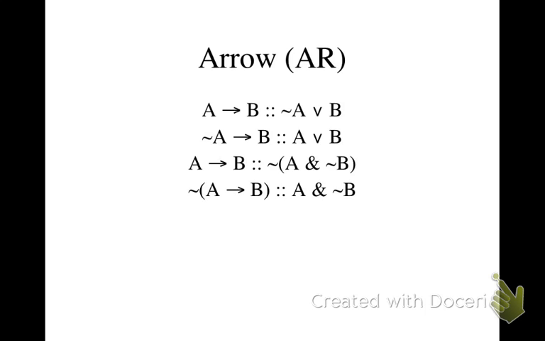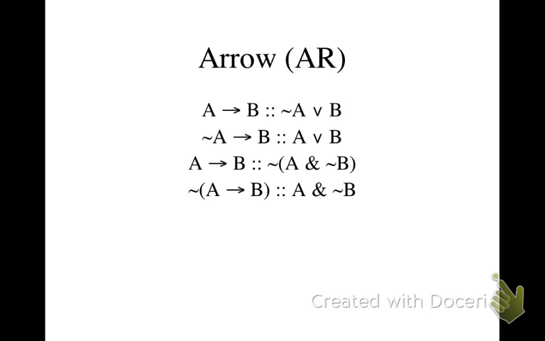We can also, if we have the conditional A arrow B, turn that into the negated conjunction: it's false that A and not B. And again, if you think back to the truth table for A arrow B, and when that's true, well, the only time A arrow B is false is if A is true and B is false.